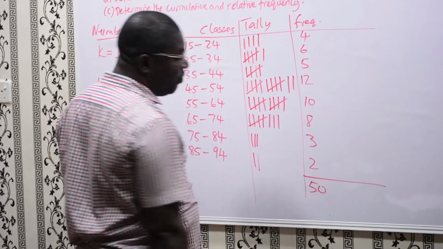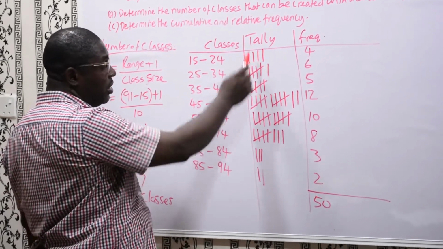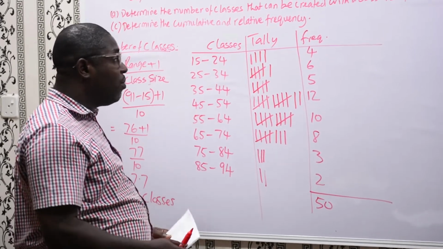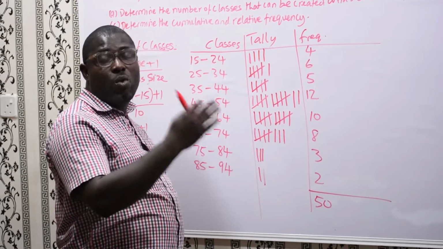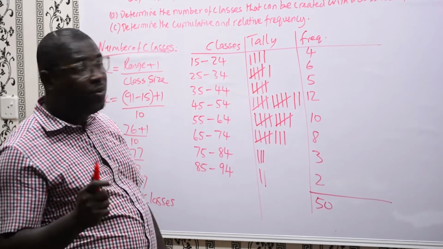So our frequency count is correct. That means our tally is correct. Please take note that when you check off your tally and it doesn't match 50, you will have to go back and do it again so that you don't miss any of the counts.